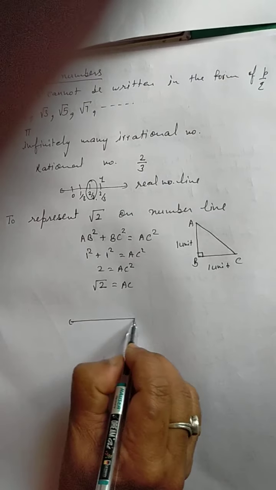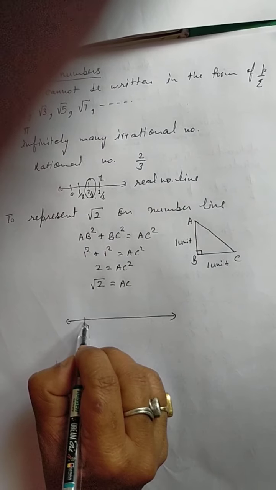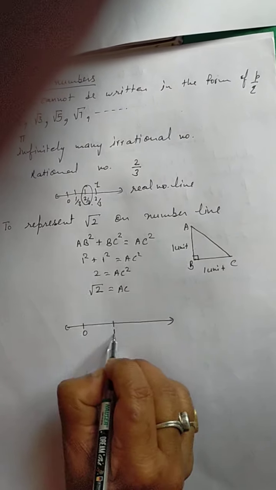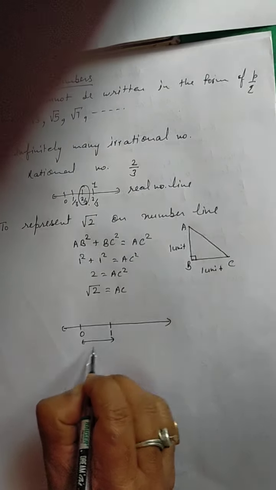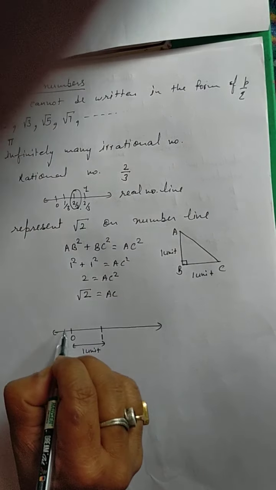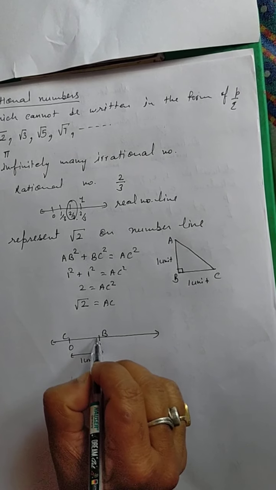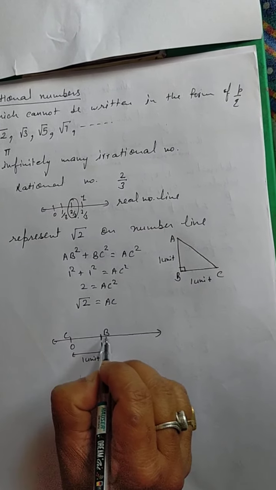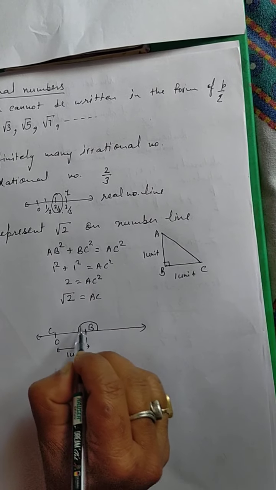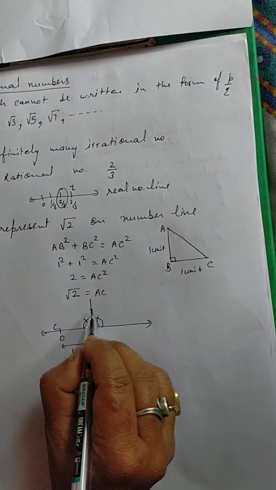You draw the number line. At one end you take 0, and at some distance you take a point. Suppose this is 1, and you are considering it as 1 unit. You give a name, suppose this is point C and this is point B. Now at point B you will draw an angle of 90 degrees with the help of a compass.